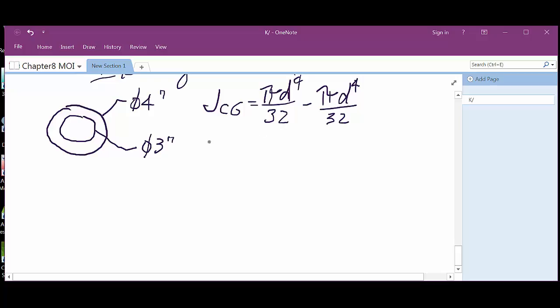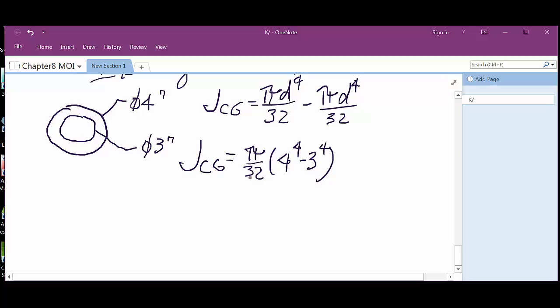So when they wrote the problem, they did this. Polar moment of inertia with respect to the center of gravity is pi over 32, which is common for these, right? Times the diameter of 4 cubed minus 3 cubed, or excuse me, thank you, to the 4th power.